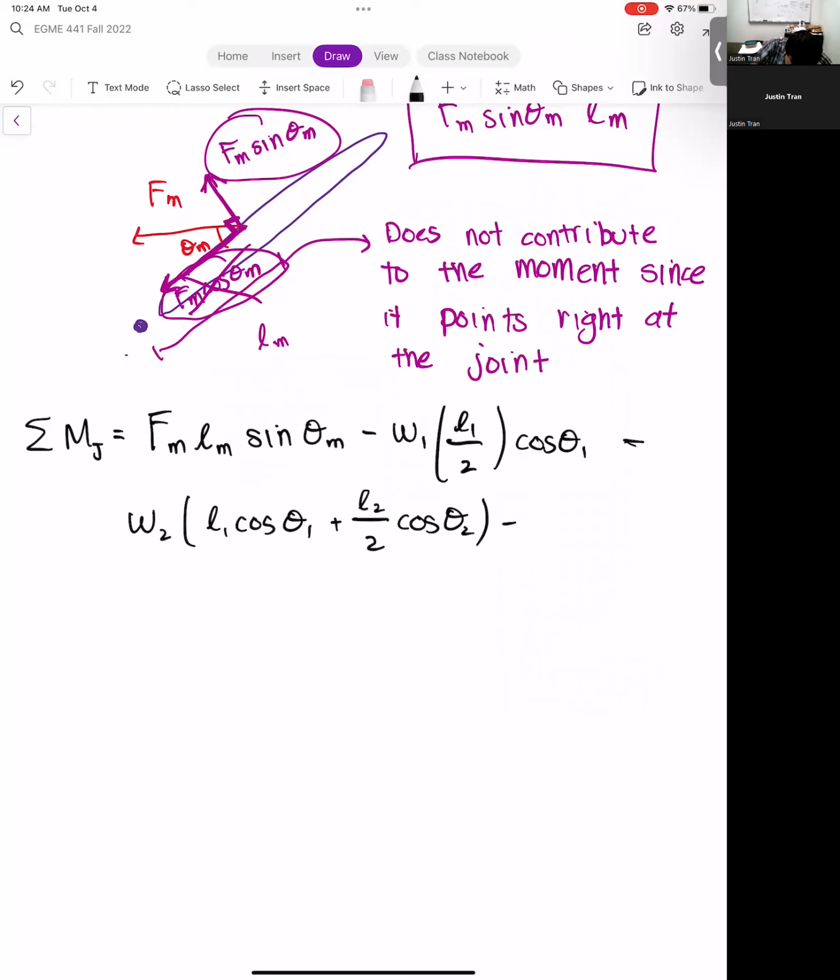And so we have W times L1 cosine theta 1 plus L2 cosine theta 2. And all that's going to be equal to 0. Okay. Because this is a static problem. Okay. All right, and so let's go ahead and solve this equation for FM.